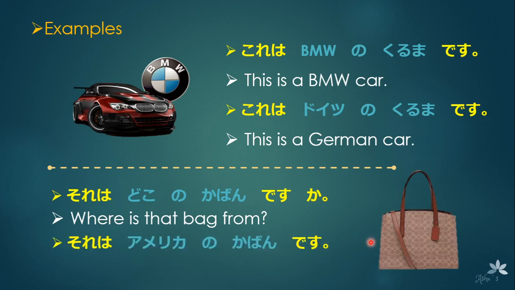So the answer is それはアメリカのカバンです。So this means this bag is a product of America. It's an American bag. Hope you have understood the difference between the no we learned in lesson 2 and the no we learned in this lesson.